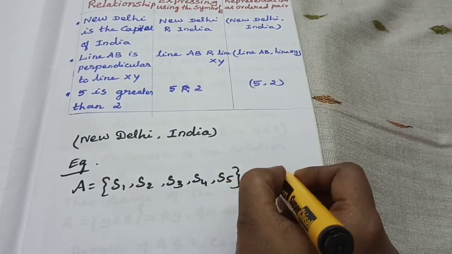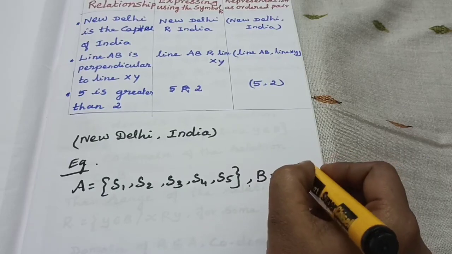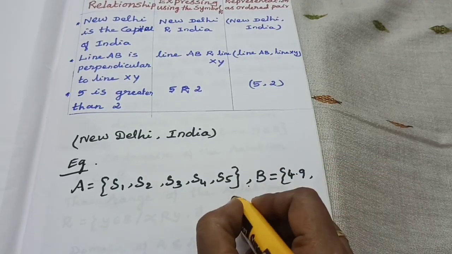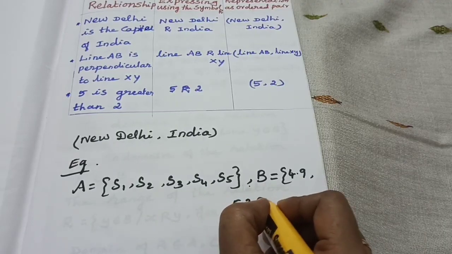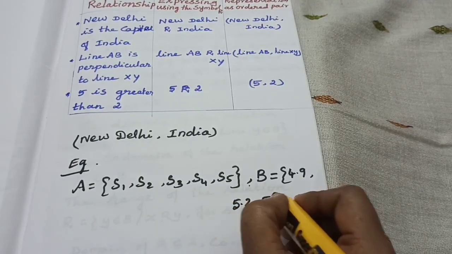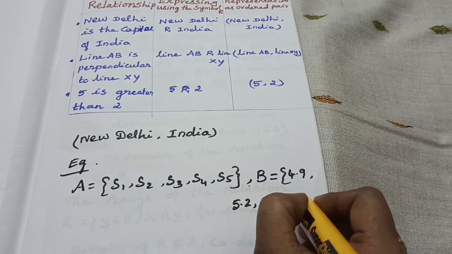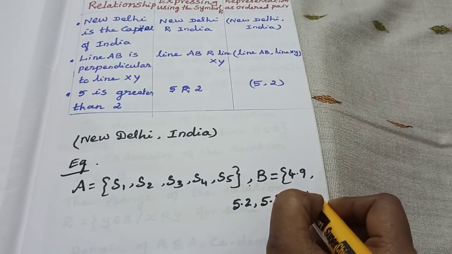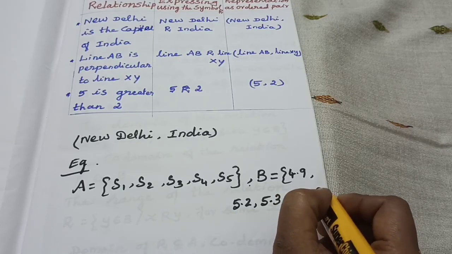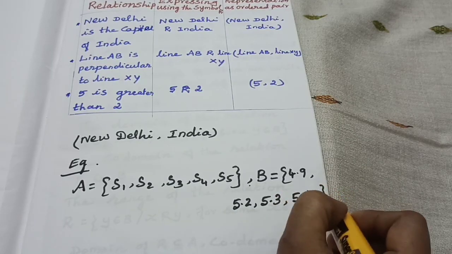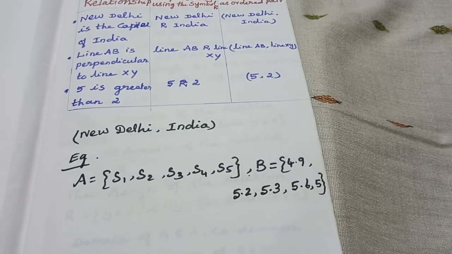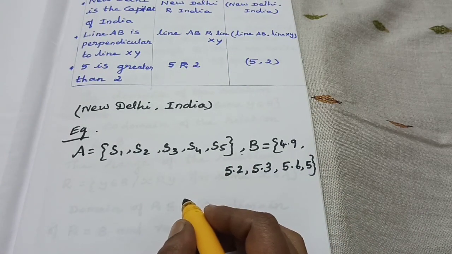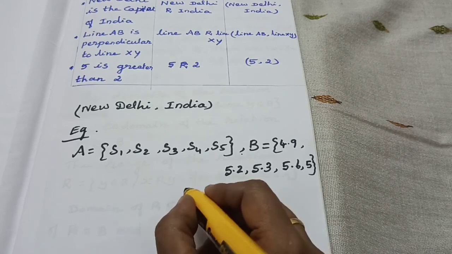That is set B: 4.9 feet, 5.2 feet, 5.3 feet, 5.6 feet, then 5 feet. Then we have to represent this by an arrow diagram.